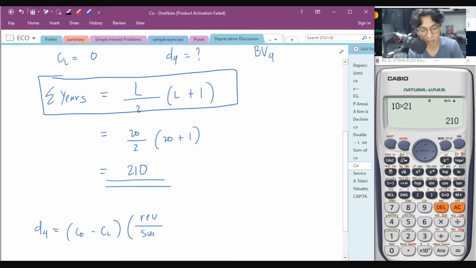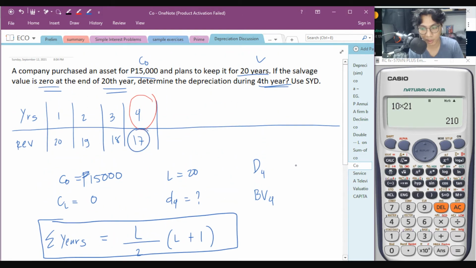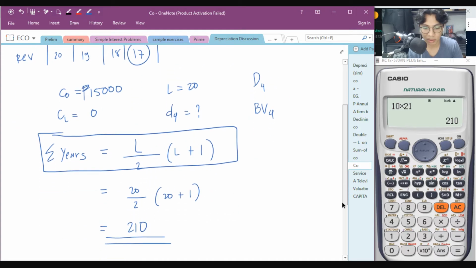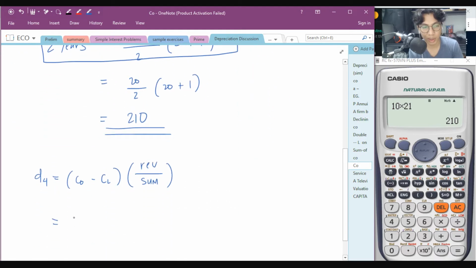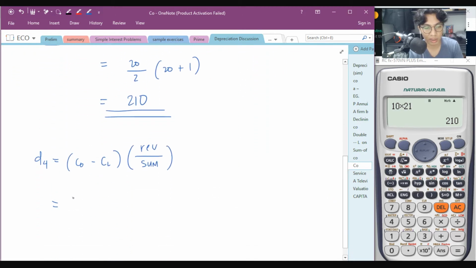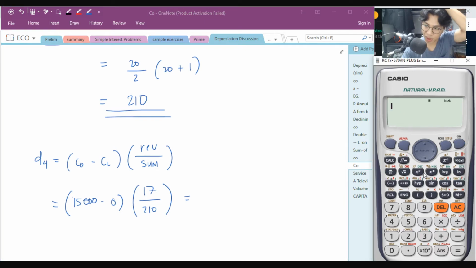We already have the sum. The reverse digit of the 4th year is 17. So we can solve: CO is 15,000 minus 0, times 17 over 210.